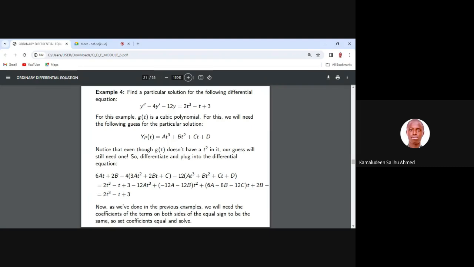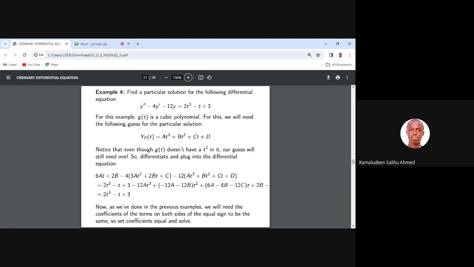That is, I'm trying to factor them out. Then 6A minus 6B minus 12C, that one, you factor t outside. And the last one are the ones with the constant, which is plus 2B minus 4C minus 12D equals what? The right hand side: 2t cubed minus t plus 3.